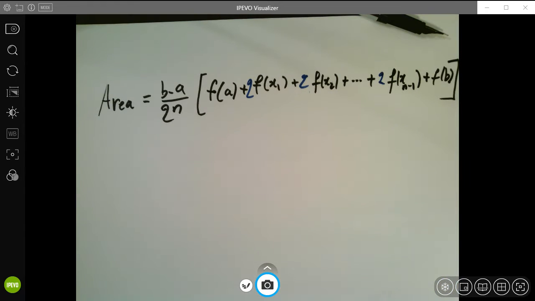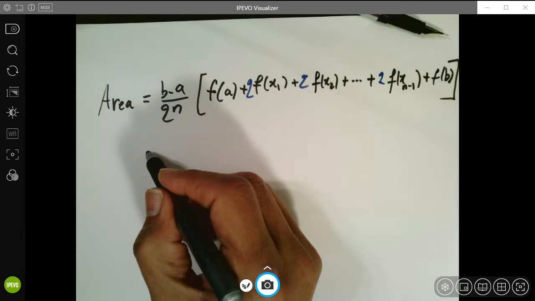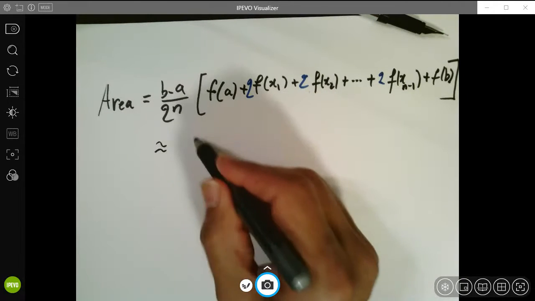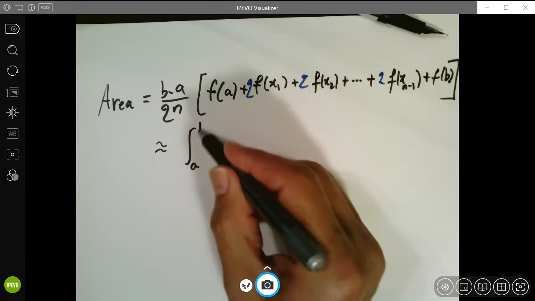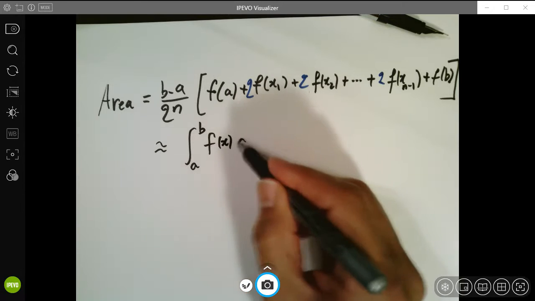This one is fairly easy. If you give a subdivision, that is approximately the integral from a to b of f of x dx.